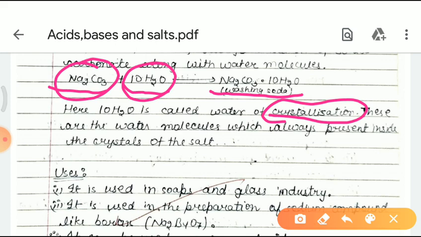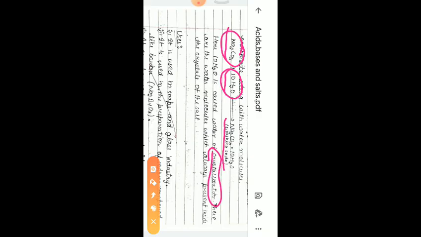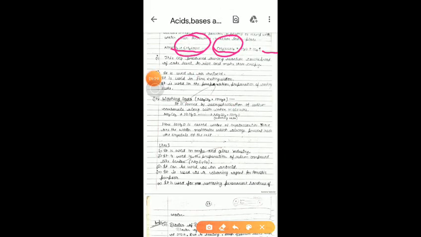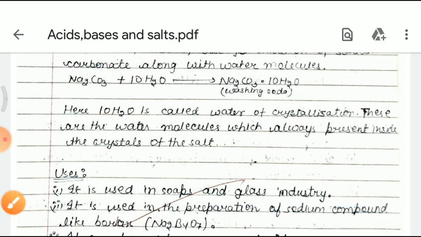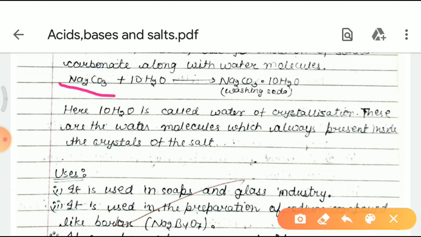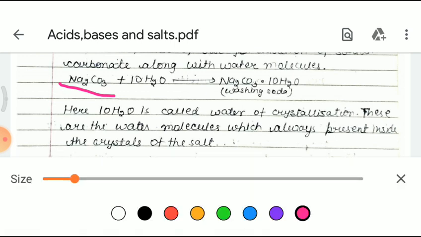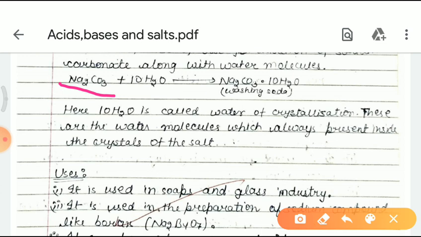Is it clear, right? So such water molecules which help in the formation of crystals, what do we call them? We call them water of crystallization, and this process is called crystallization, right? It means now we can say that washing soda is formed by the crystallization of sodium carbonate, and this sodium carbonate is obtained by heating of sodium bicarbonate.